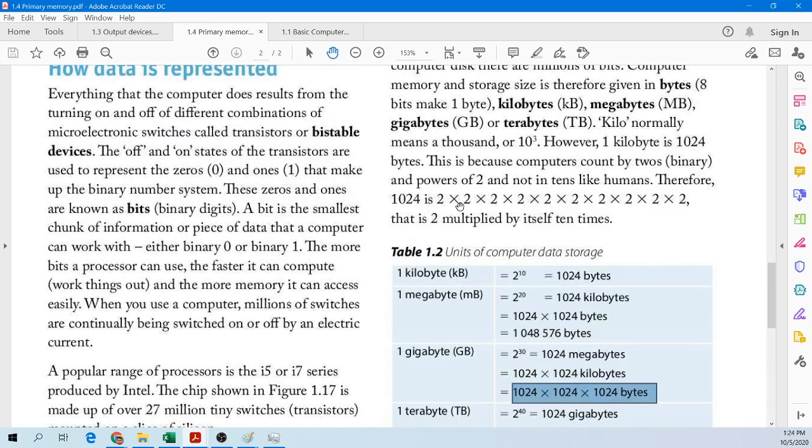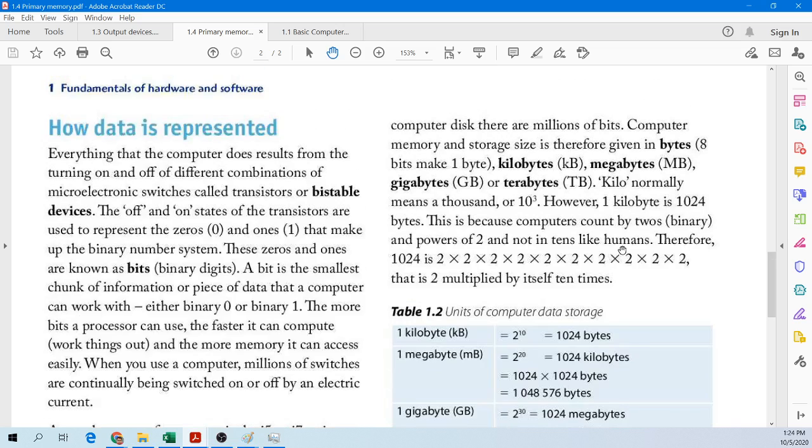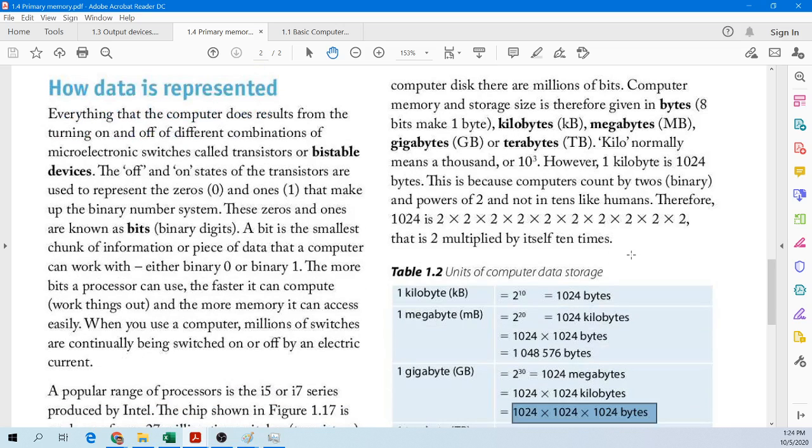We have a bit, which is the smallest, a 0 or 1. When you group 4 of them, you get a nibble. 8 bits gives you a byte.